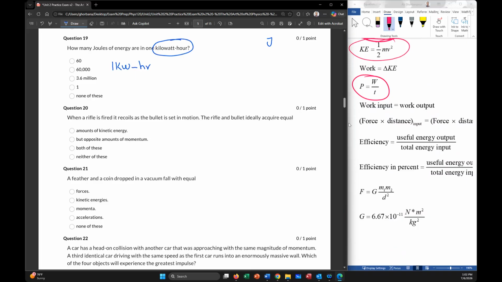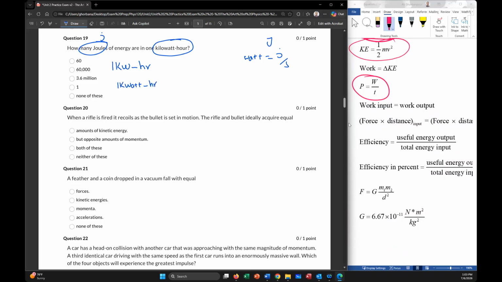Energy is joule, so how many joule? We know that kilowatt is based on watt, and watt we already know is joule per second. So let's do a little unit conversion. So this is 1 kilowatt.